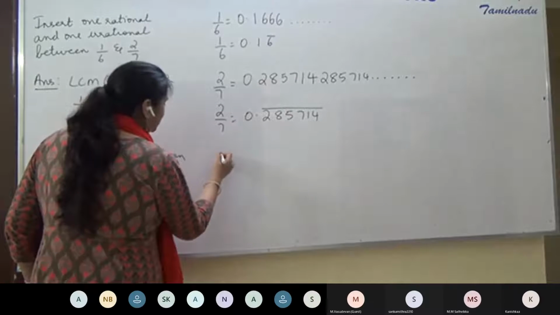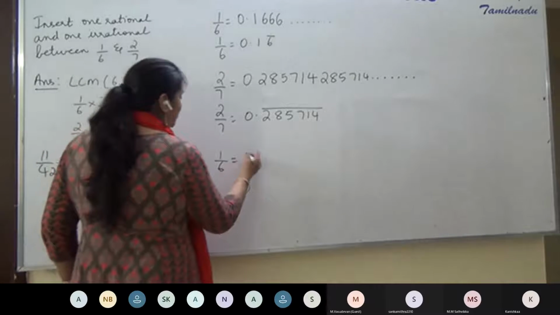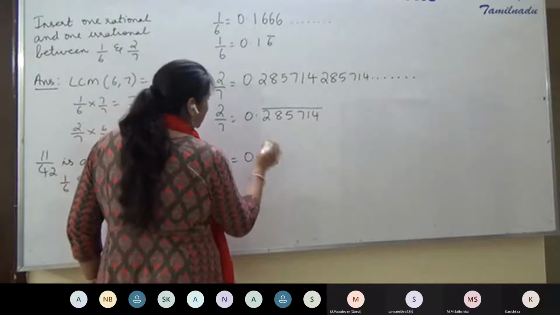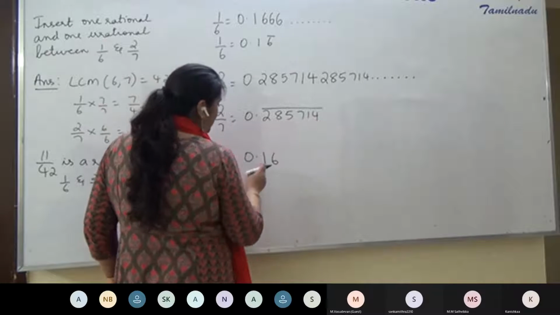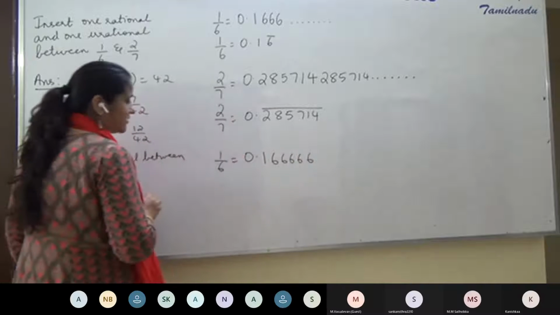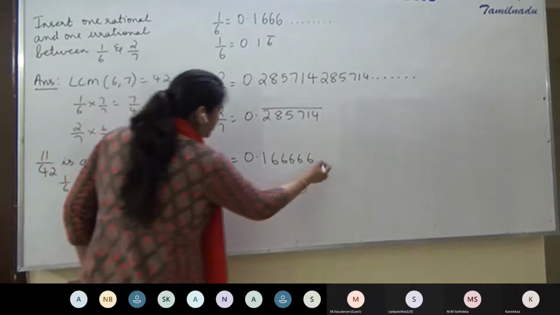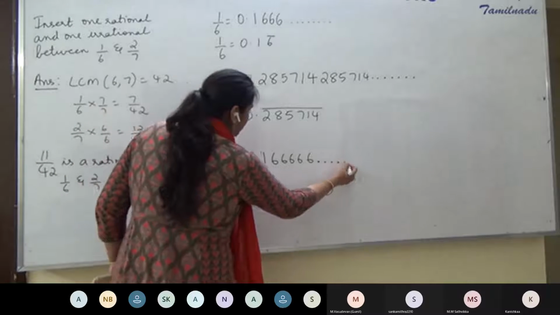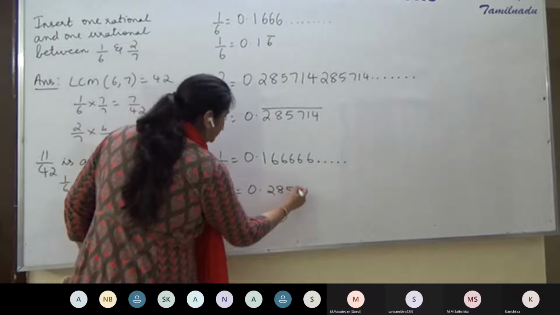So you can write 1 by 6 as 0.16. I'll just get the same number of digits: 1, 2, 3, 4, 5, 6. And what is 2 by 7? It just goes on, children. 2 by 7 is equal to 0.285714.